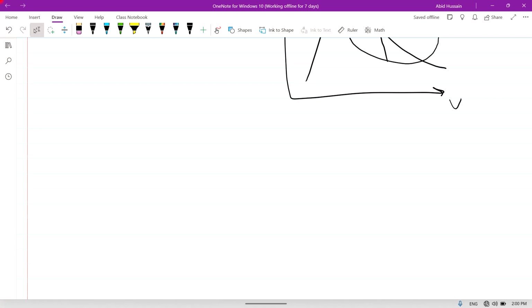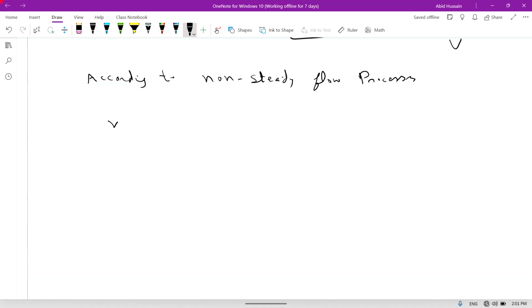Now we start the solution. According to non-steady flow processes, m1 dot h1 plus m2 dot h2 is equal to (m1 dot plus m2 dot) h3.